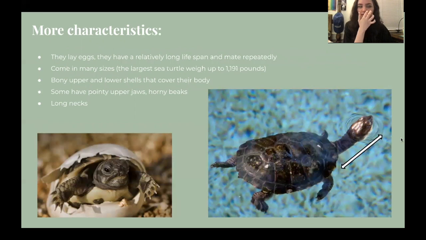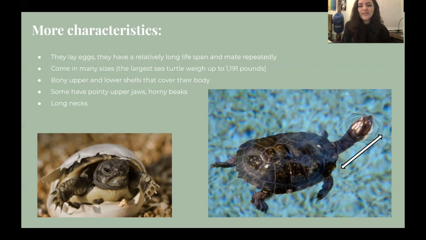More characteristics about Chelonia is that they lay eggs and they have a relatively long lifespan. They also mate repeatedly. They come in many sizes. I found out that the largest sea turtle weighs up to 1,191 pounds. They have bony upper and lower shells that cover their entire body, I mean, not their legs and their head.